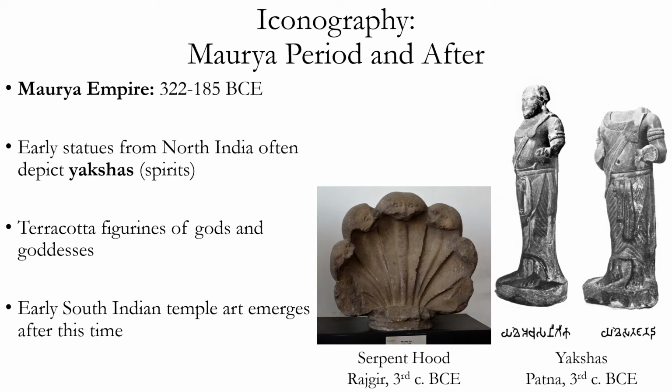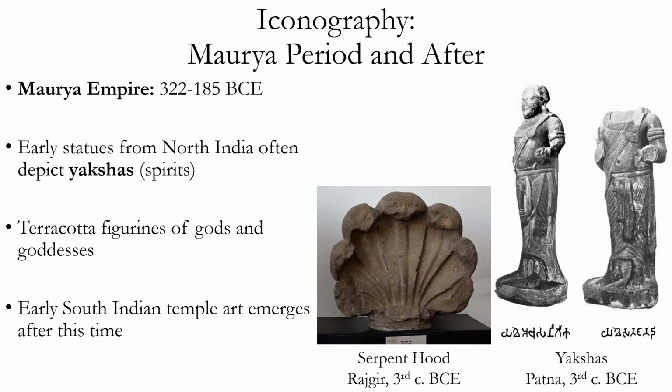Early examples of Hindu iconography can be found in the Maurya period, which corresponds to the Maurya Empire, which lasted from around 322 to 185 BCE. An example is the sculptures depicting yakshas or spirits that you can see on the right. Those are from Patna, an important city of the Mauryas from the 3rd century BCE.